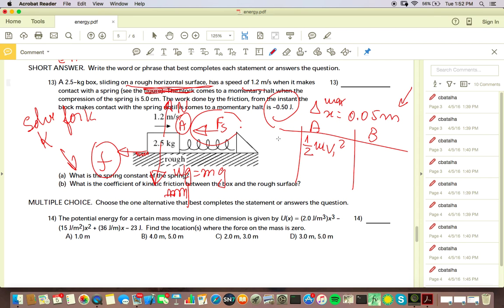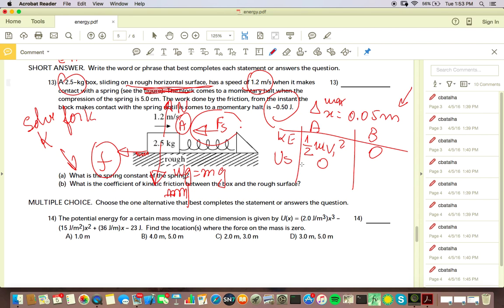And we know the value because we know the mass of the block, we know the speed at which it goes. Kinetic energy at part B is 0, since the block is not moving. It's given by half m speed squared, and the speed is 0.